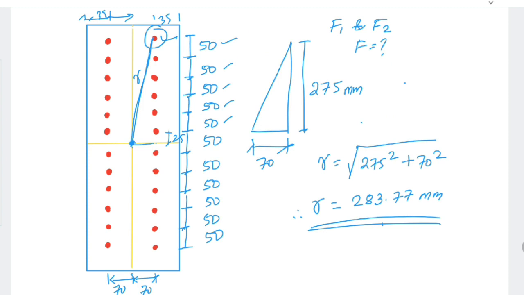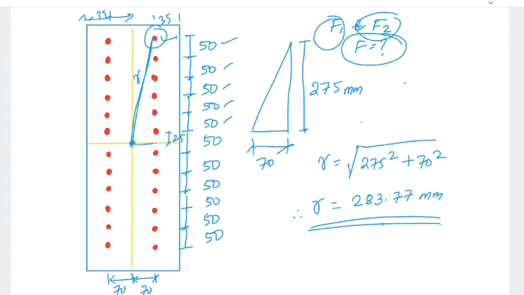So here I'll only be finding the radial distances. Later I'll be finding the forces or the stress acting on each and every bolt, and the resultant stress on the extreme bolt.